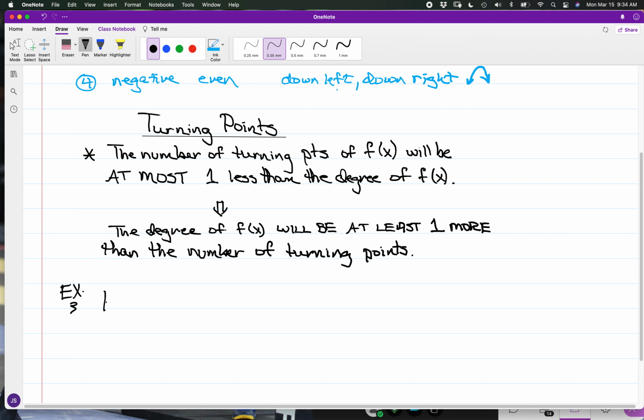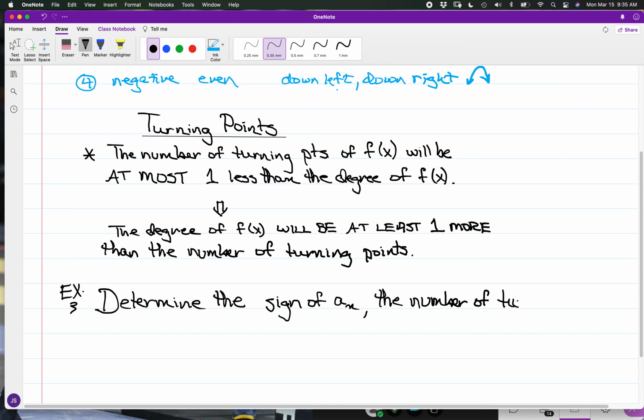So if you were to determine the sign of a sub n, the number of turning points, and the possible degrees of f of x.